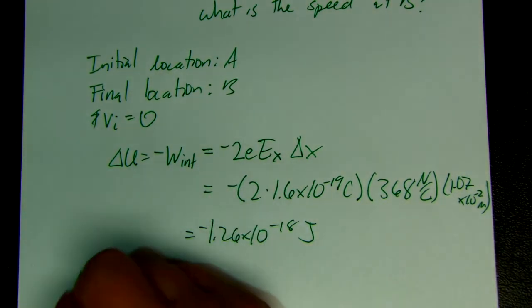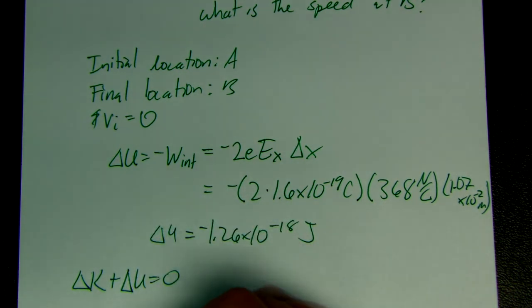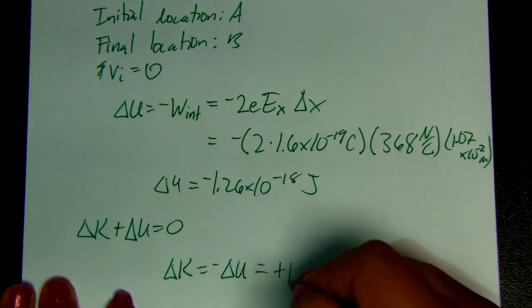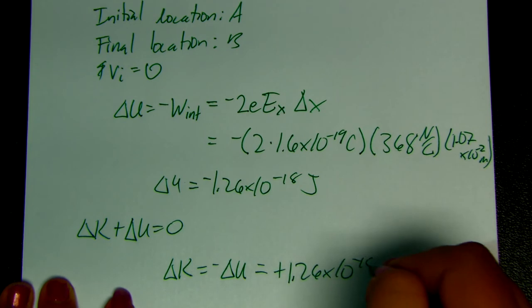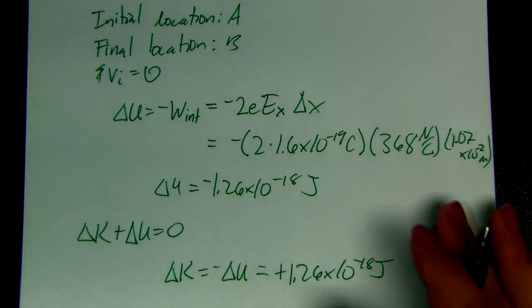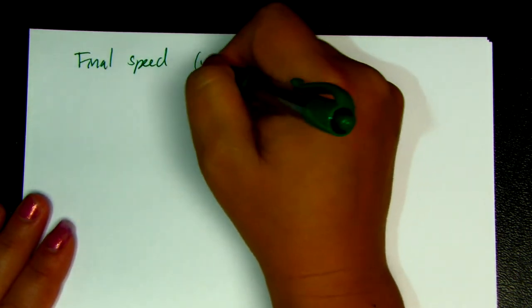So delta K plus delta U is equal to 0. So delta K is equal to minus delta U, which is equal to plus 1.26 times 10 to the minus 18 joules. Now, we can use this then to go after the velocity, or the speed, not the velocity. We can infer velocity from looking at this diagram. Okay, so our final speed comes from the non-relativistic expression of kinetic energy.